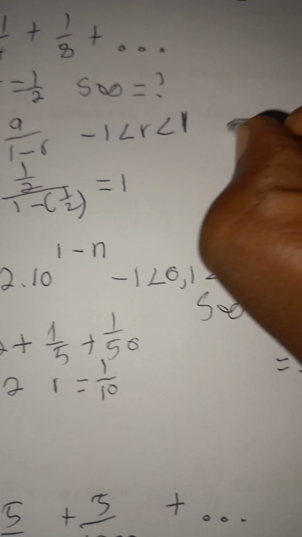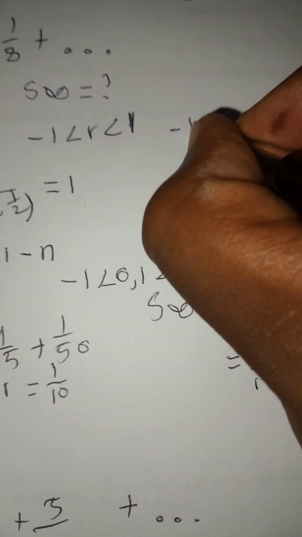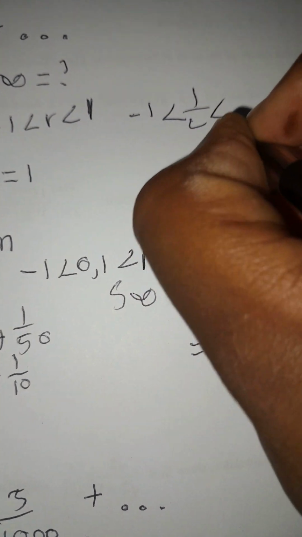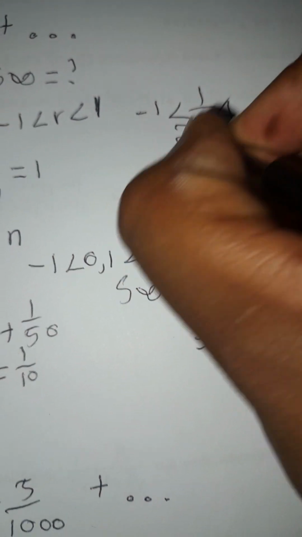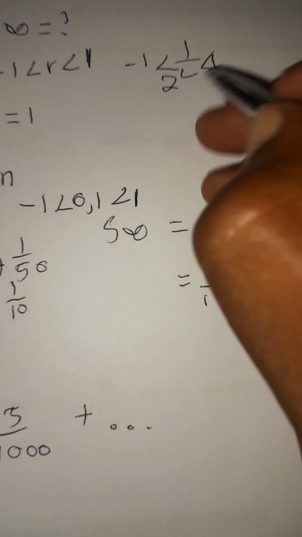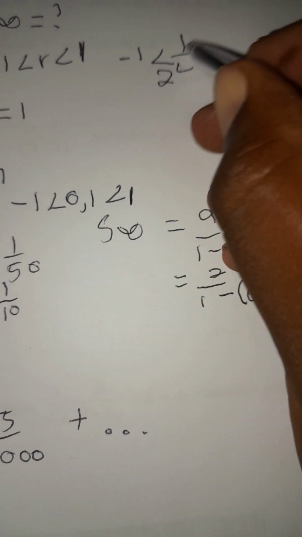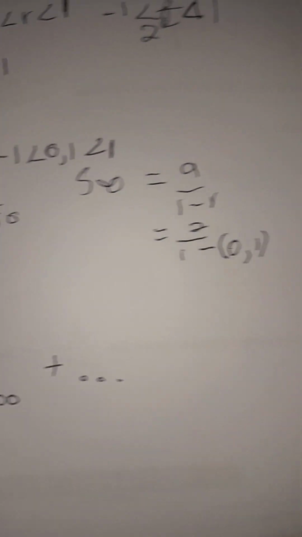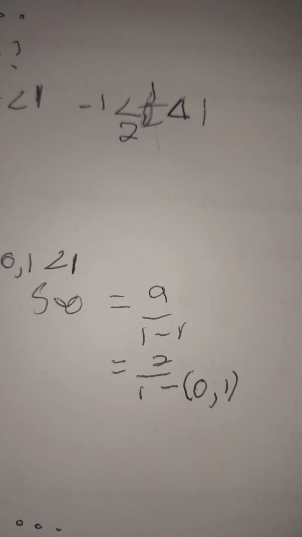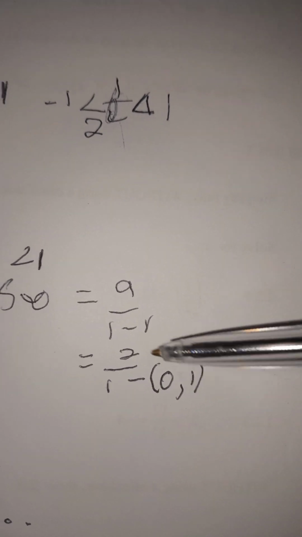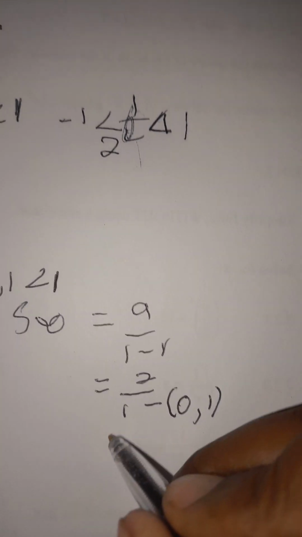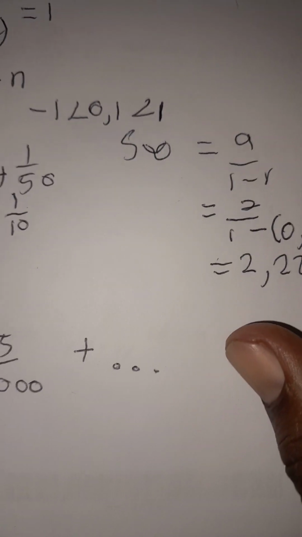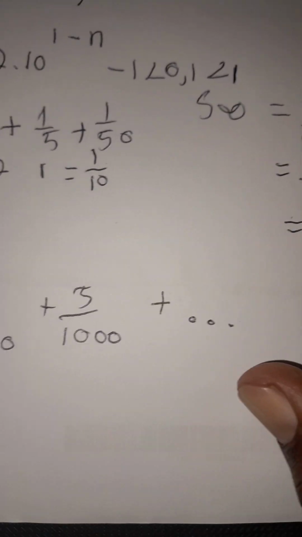Similarly, even in the first question we were supposed to say -1 is less than a half, and a half is less than 1. So let's punch our calculator. We are going to get 2.2, corrected to decimal places.